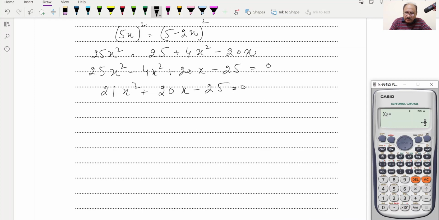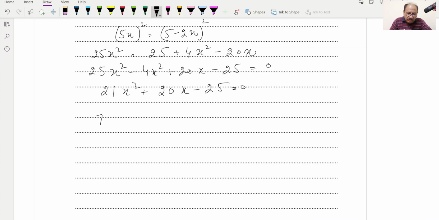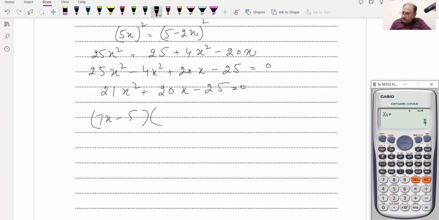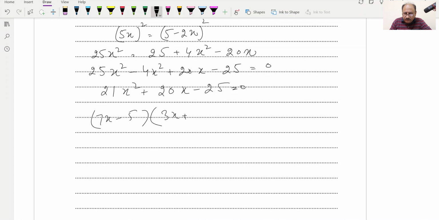So we can write, for 5/7, 7x minus 5, and for the other value, minus 3/5, we can write 3x plus 5. So this will be equal to 0. So this implies x is equal to 5/7 and x is equal to minus 5/3.